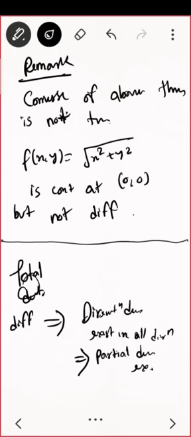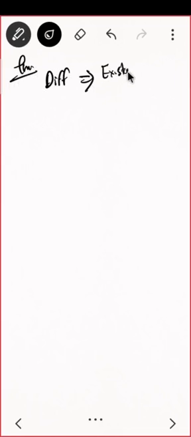So let us see. Let us write the statement first. What do you want to prove? We want to prove differentiability implies existence of directional derivatives.